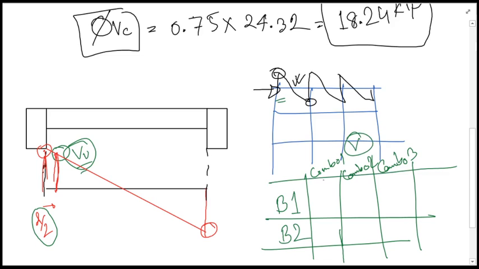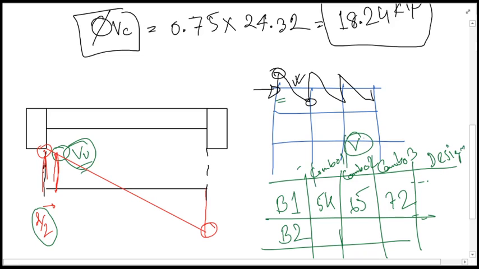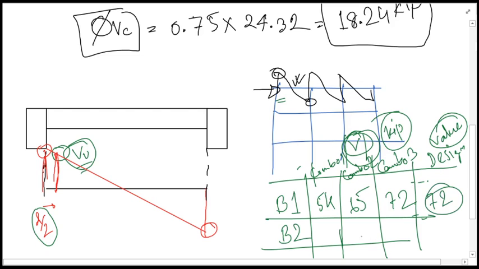So if you got the maximum value as 54, 65, 72, and so on, then finally you will be getting the design value. This is the absolute value. It doesn't matter whether it is positive or negative. The design shear force, in kip, will be, say for example, the maximum 72. So for each of the beams you will be doing like this.